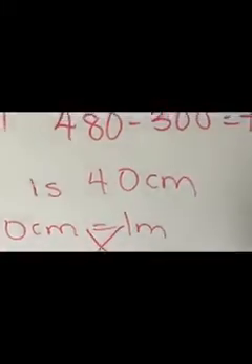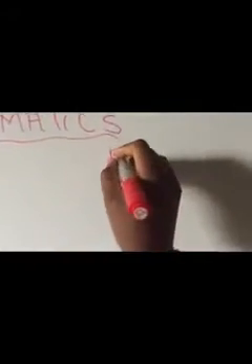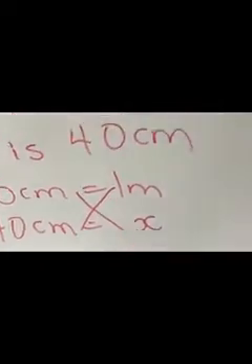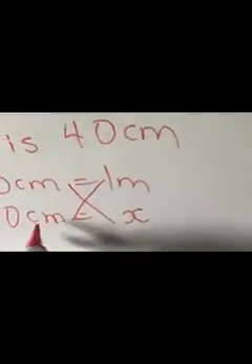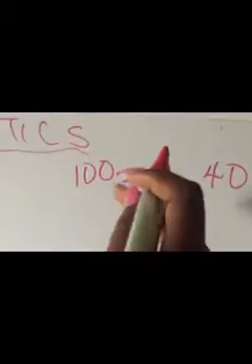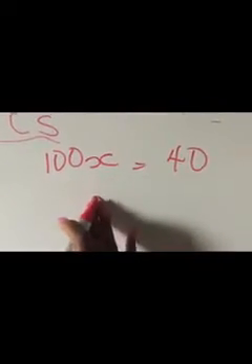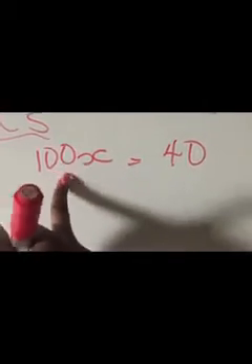We cross multiply. By cross multiplying, we get 100 times x equal to 40 times 1. That's 100x equal to 40. We divide both sides by 100. I told you in the last lesson that whenever you see a letter with a number, you divide by the number.